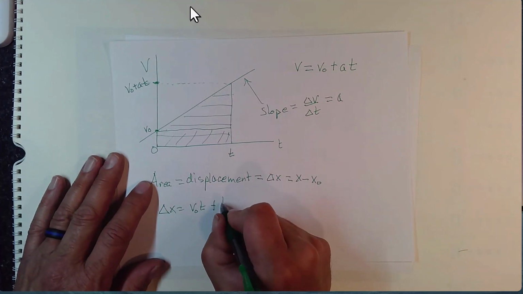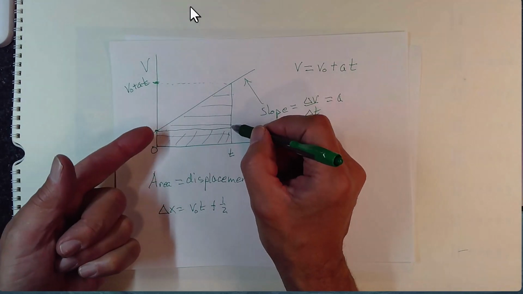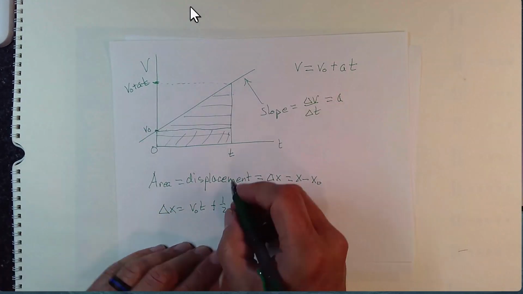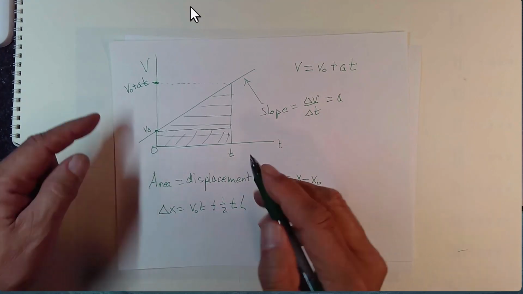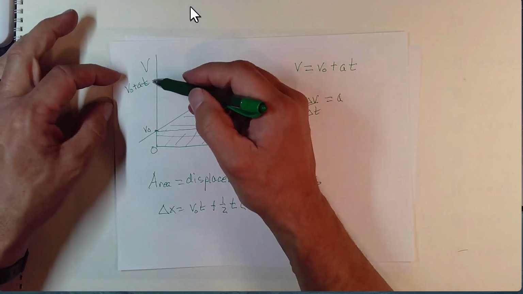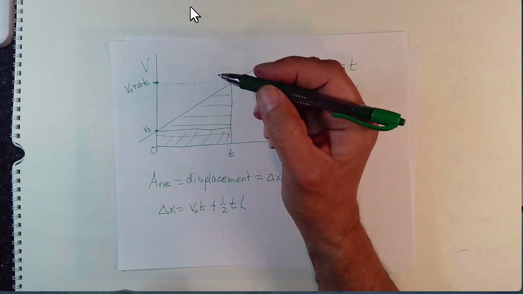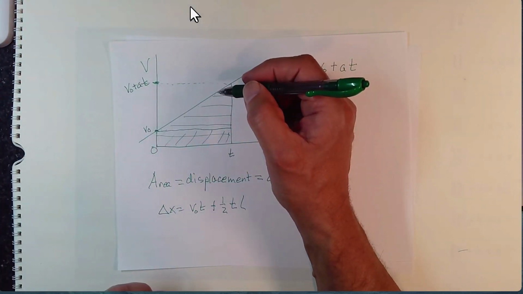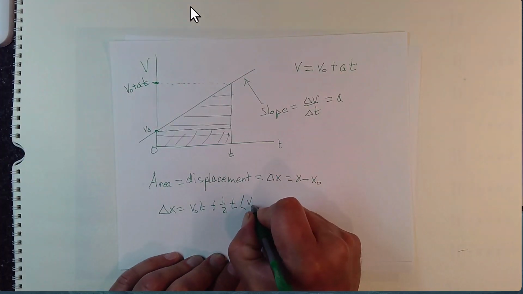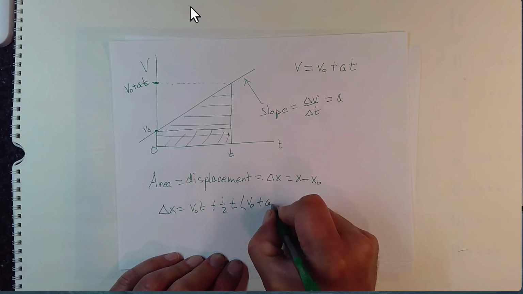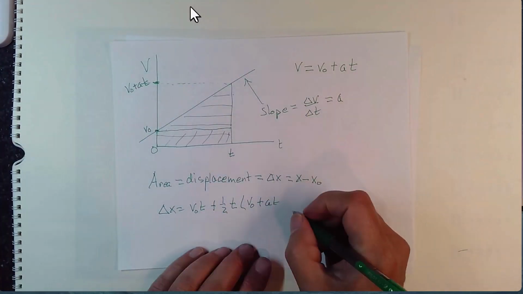Well, the area of a triangle is 1/2 the base times the height. The base is t. The height is going to be v0 plus at minus v0. Oh, that sounds like at, doesn't it? I'll write it out that way. v0 plus at, that's the height at the top, minus the height at the bottom.